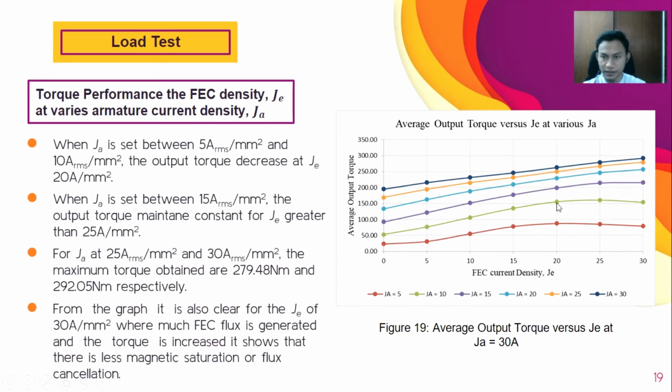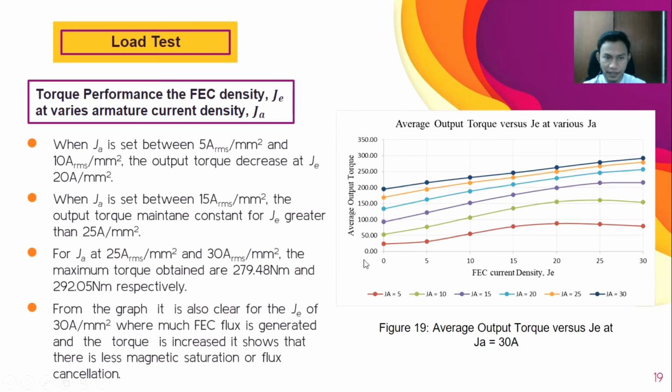When JA is set at 15, the output torque will remain constant for JE greater than 25. You can see the output torque is maintained.